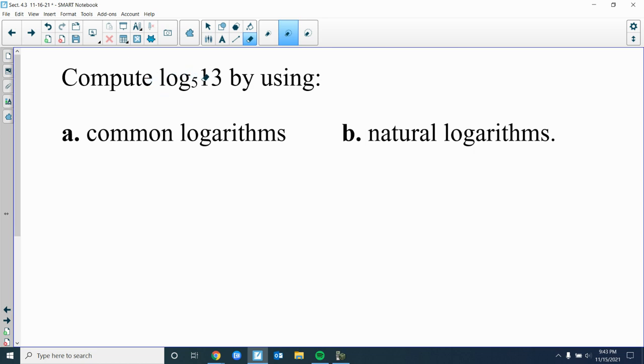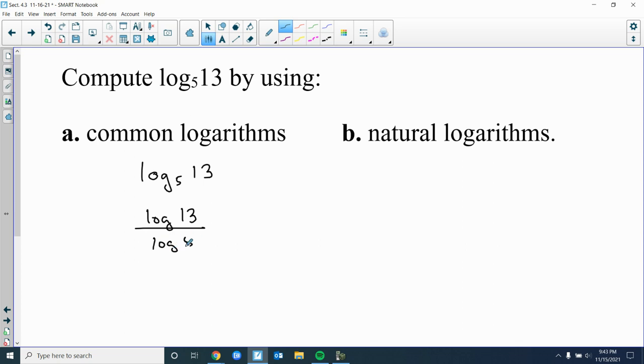Now, this is how we go about this. Compute log base 5 of 13 by using common logs and then natural logs. Common logs are base 10. So I got log base 5 of 13. All you do is take log of 13 divided by log of 5.